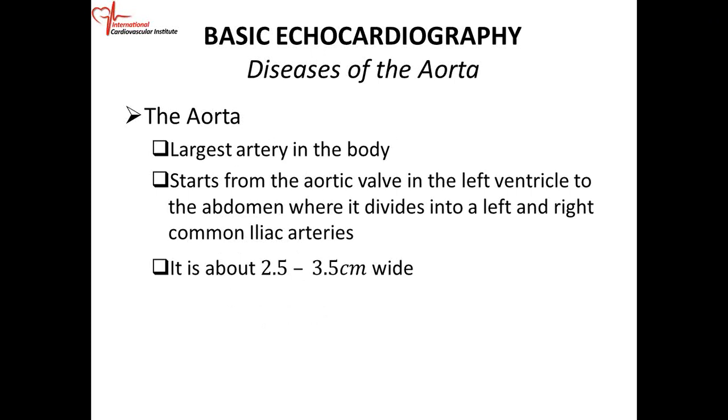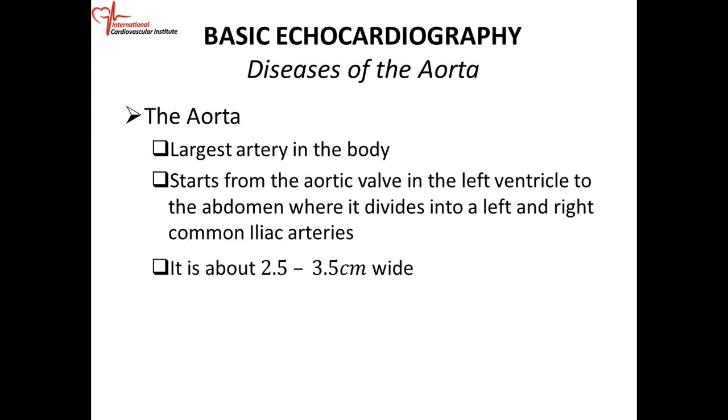All right, so a few things about the aorta. The aorta is the largest artery in the body, and as you can recall, the aorta starts at the aortic valve, which comes out of the left ventricle, and it travels all the way to the abdomen. If you remember, just as you move from the aortic valve, you have the aortic root.